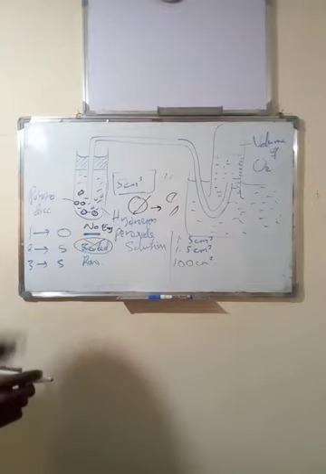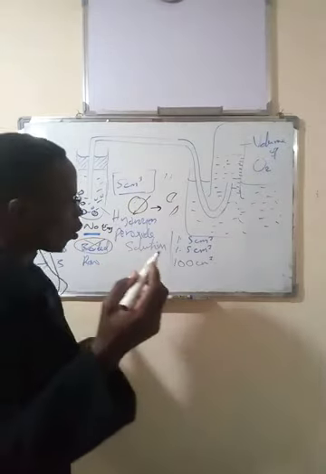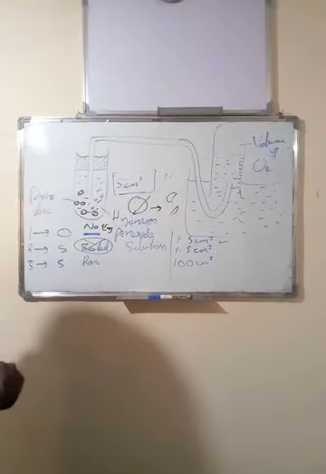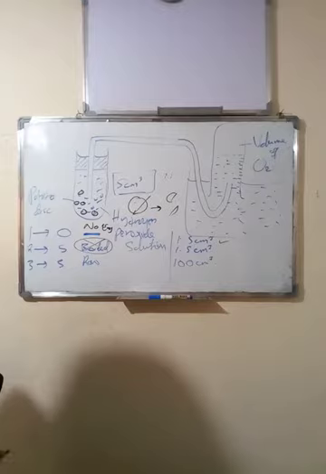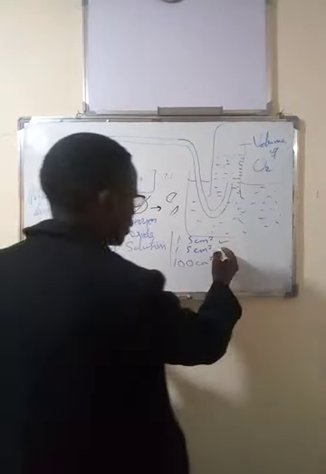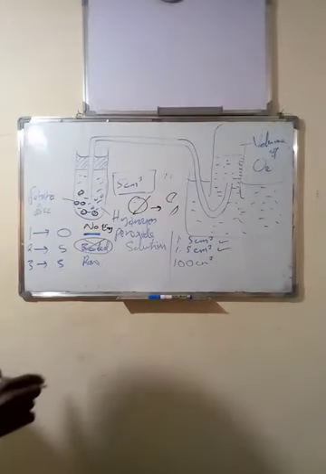What was the result? You can see that in the first experiment, 1.5 cubic centimeters of oxygen were produced. In the second experiment, we also had 1.5 cubic centimeters of oxygen. And what does this entail?